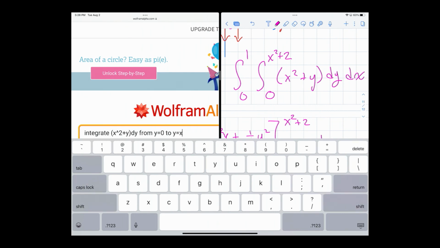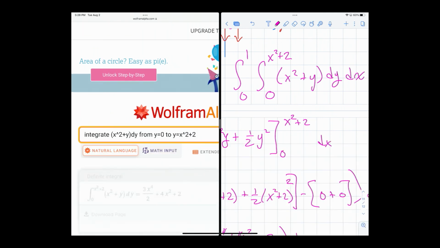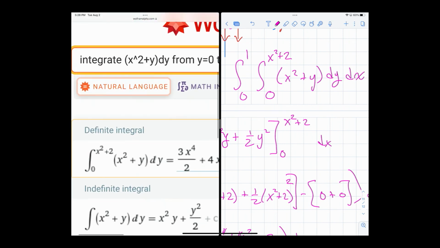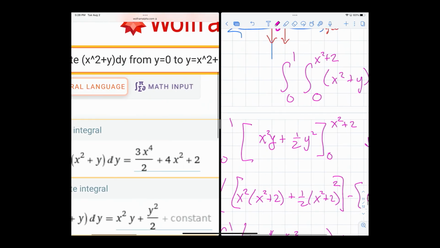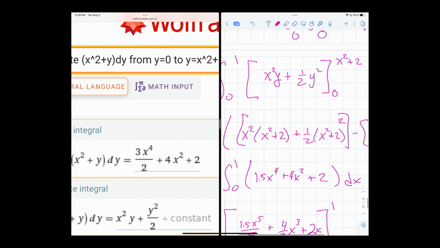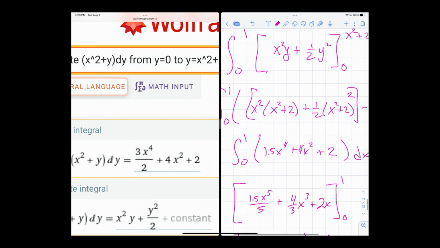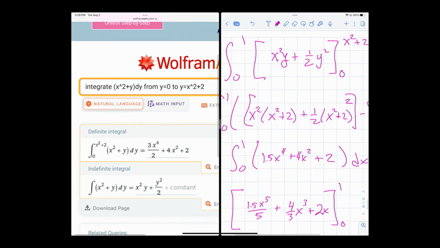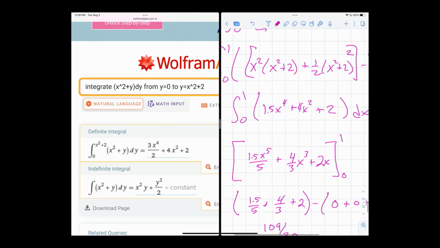So I type it in, double check that it did the integral that you wanted. And then you get your 3x to the fourth plus 4x squared plus 2, which we did end up with right there. And then I say, okay, we did that first integral. We got to here.